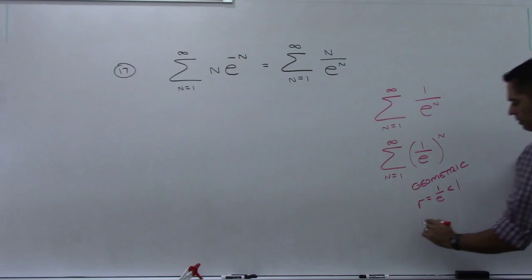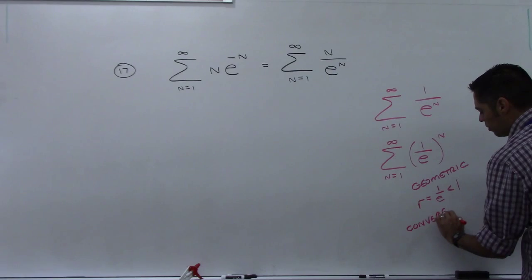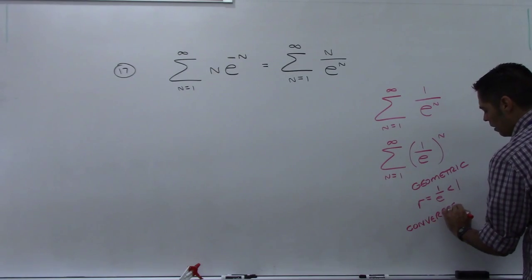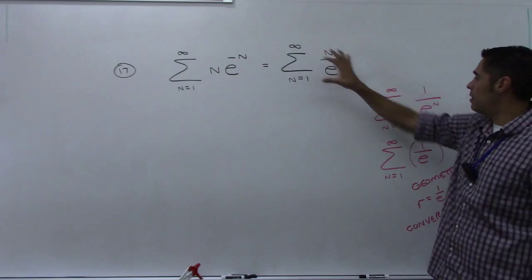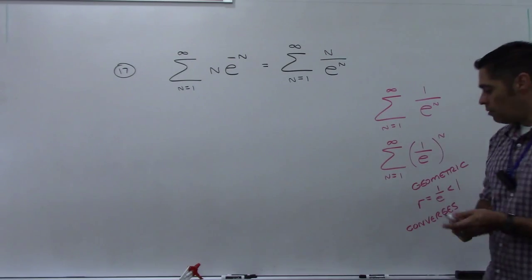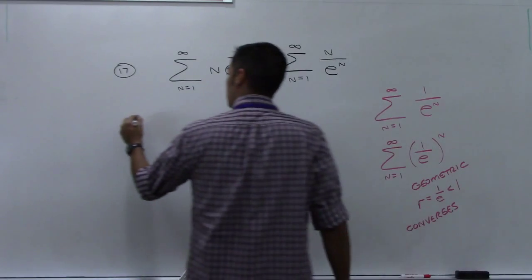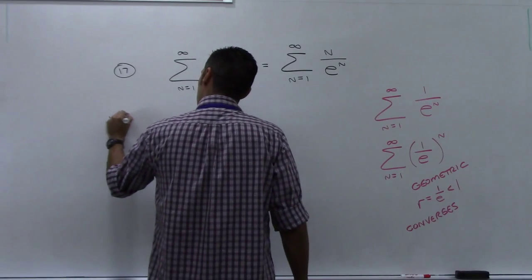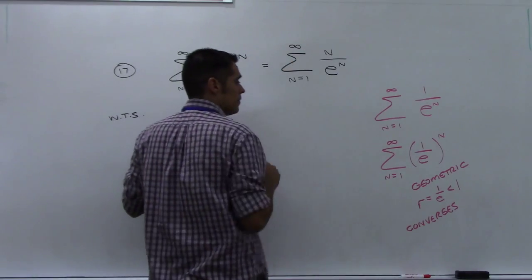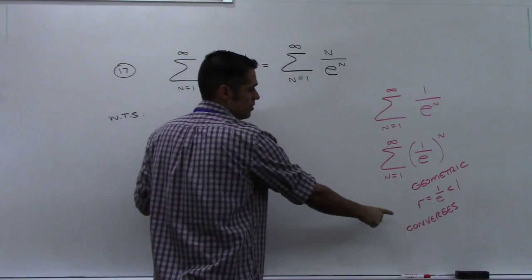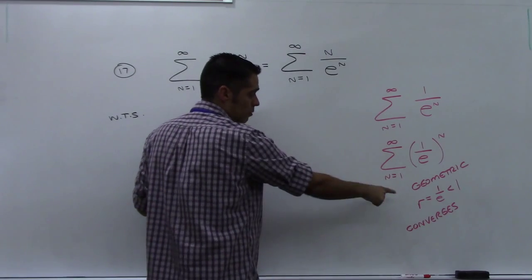And so I know that this converges. I don't need to figure out what it converges to, but I know that this converges. So let's try comparing this to this. And I don't know if this is going to work. So what do we need to show? What do I want to show if I want to show that my series also converges? I have to show that my series is smaller than that one, right?